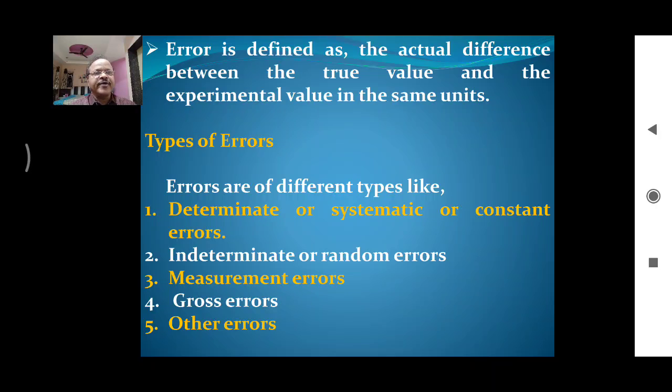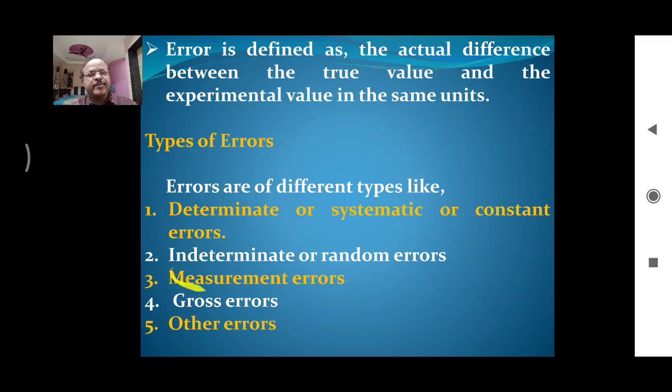Now there are different types of errors. Errors may be of determinate, systematic or constant type. Determinate means we can determine them, or these errors are constant, or systematic ones. Second, indeterminate errors, or random errors, which are uncertain and not controllable; such errors are called indeterminate or random errors.